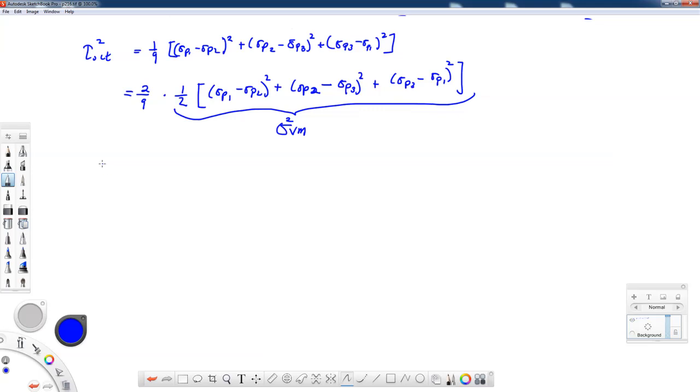So what we have then is tau octahedral squared is equal to 2/9 sigma von Mises squared, or if we take the square root of both sides, the octahedral shearing stress is the square root of 2/3 times the von Mises stress.